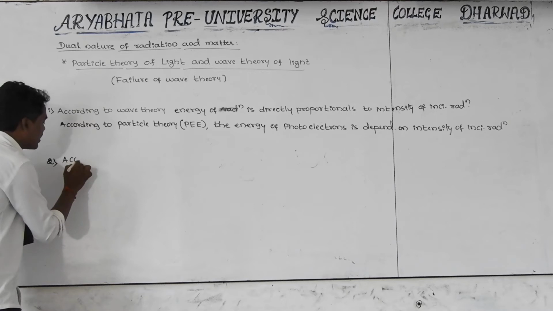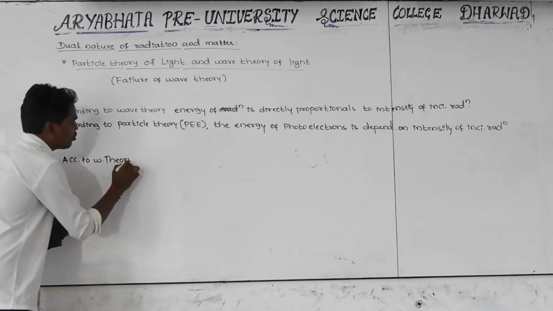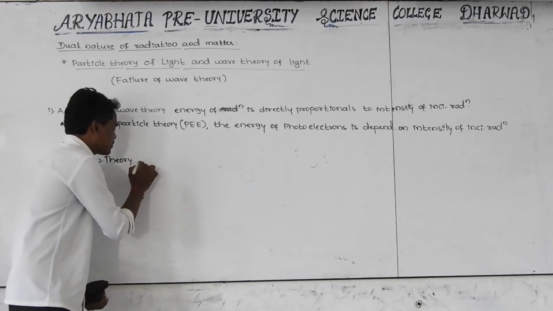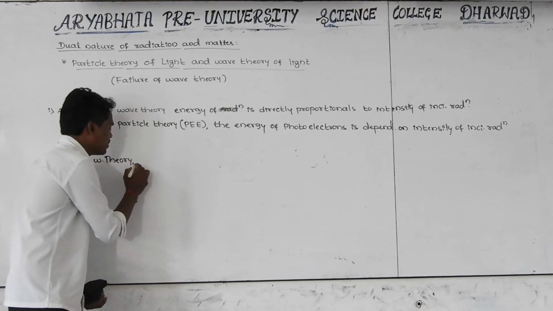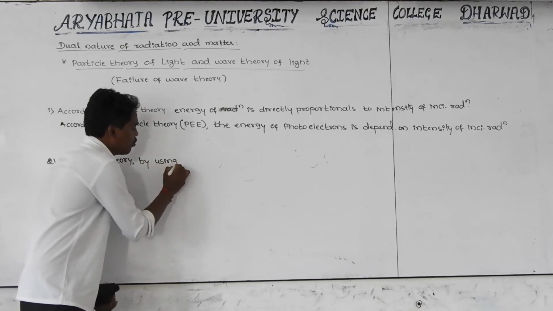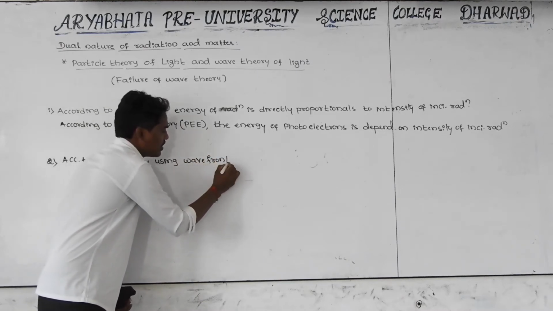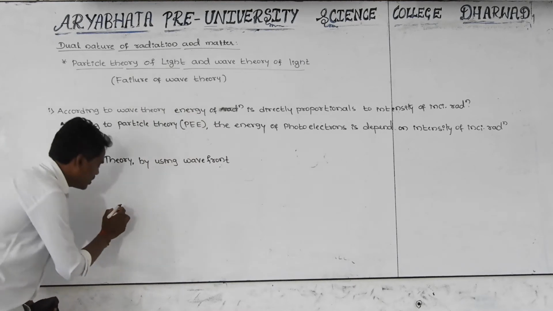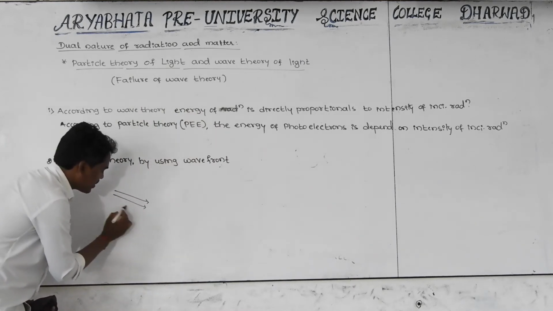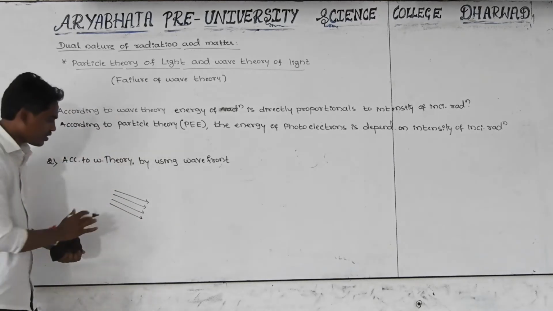According to wave theory, there is the concept of wavefront. What is a wavefront? Here I am taking this radiation, the second radiation, the third radiation, the fourth radiation.